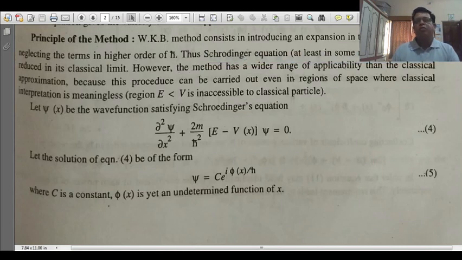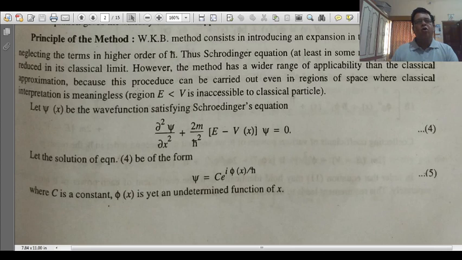However, the method has a wider range of applicability than the classical approximation, because the procedure can be carried out even in regions of space where classical interpretation is meaningless. The Schrodinger equation is applicable to such regions also, where classical interpretation is not possible.